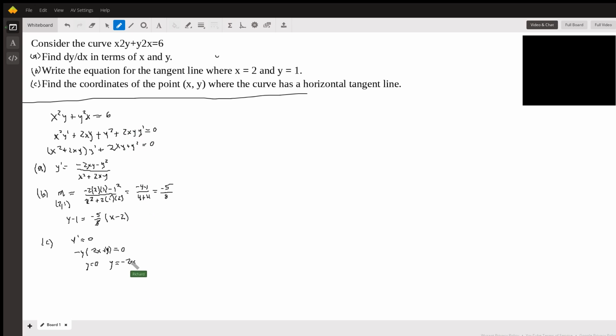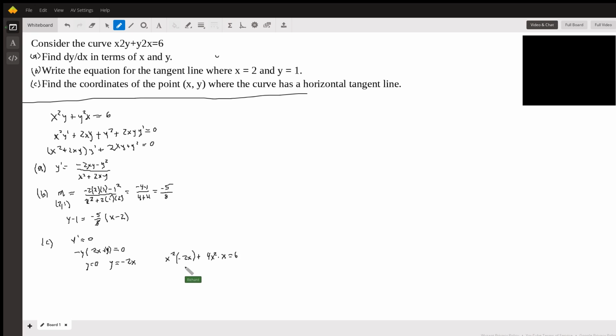So I'm going to plug negative 2x into this equation here. So you're going to get x squared times negative 2x plus 4x squared times x is equal to 6.